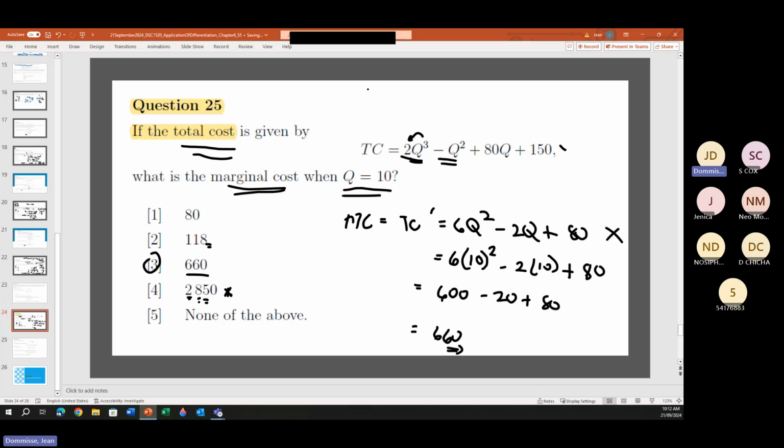Okay, so if you did total cost differentiated one time, you will get the 660, which is the correct answer. If you differentiate it the second time, you will get 118, which is also wrong.